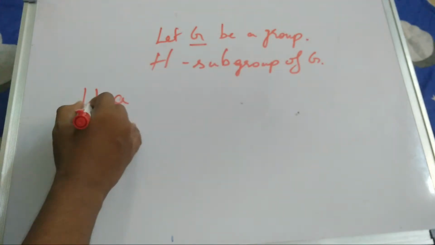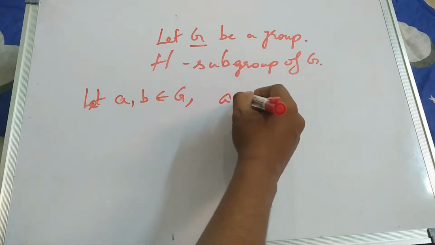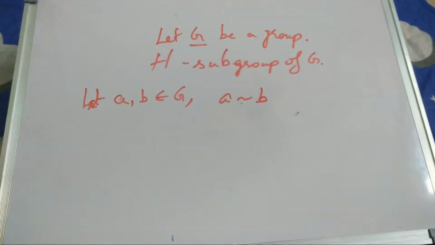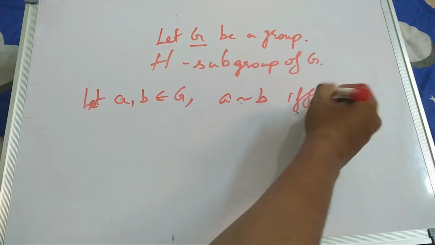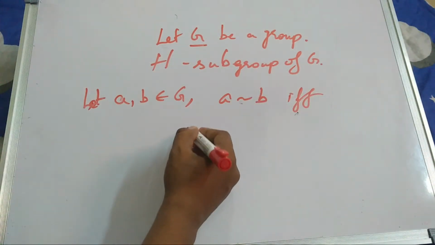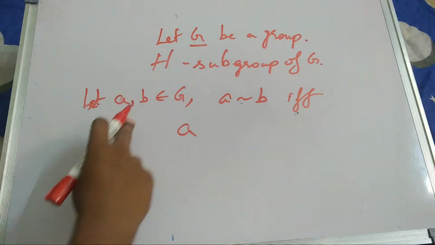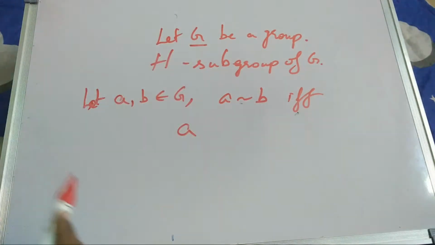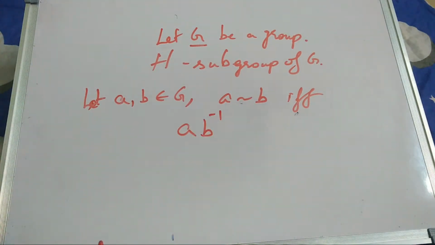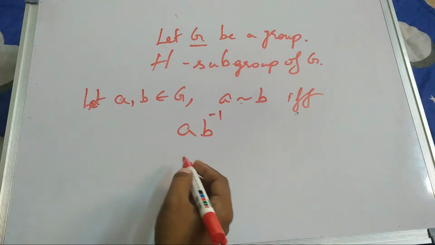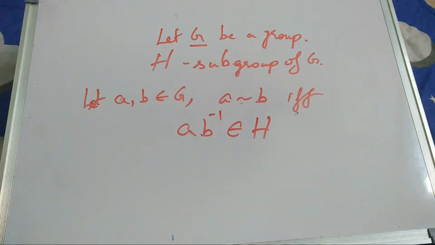So let a, b belong to G. We say a and b are related if and only if, take a, and since b belongs to G and G is a group, we will have b inverse. So this a b inverse must belong to the subgroup H.